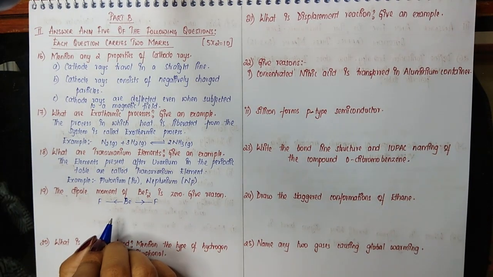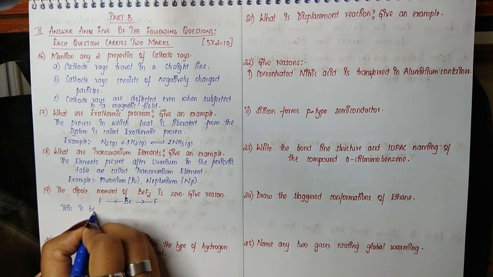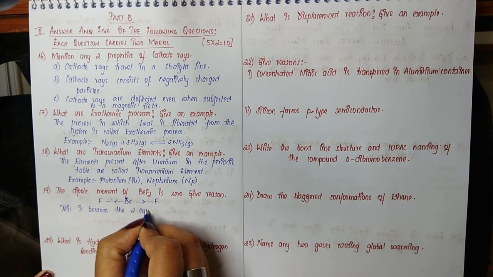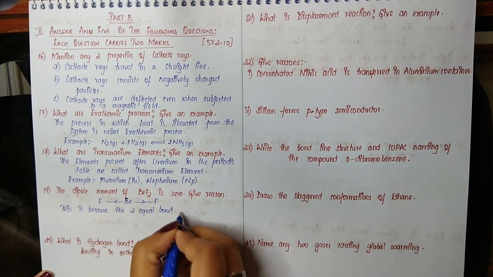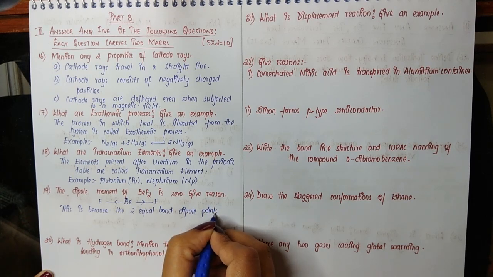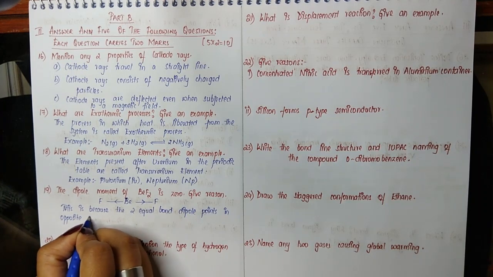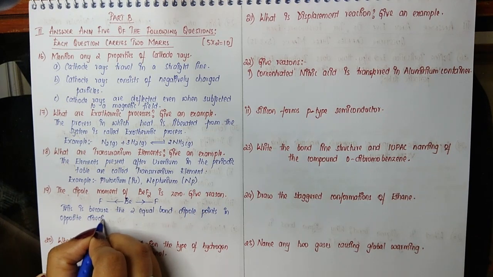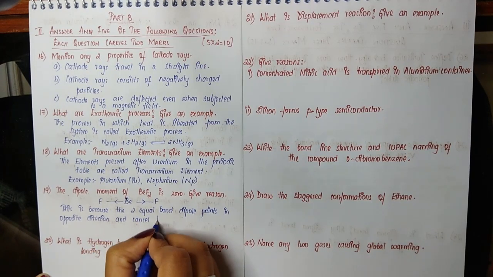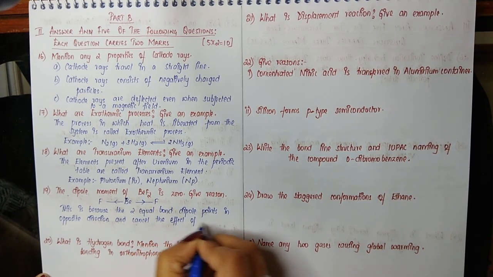So let's write that. So here it can be written as this is because the two equal bond dipoles point in opposite direction and cancel the effect of each other.